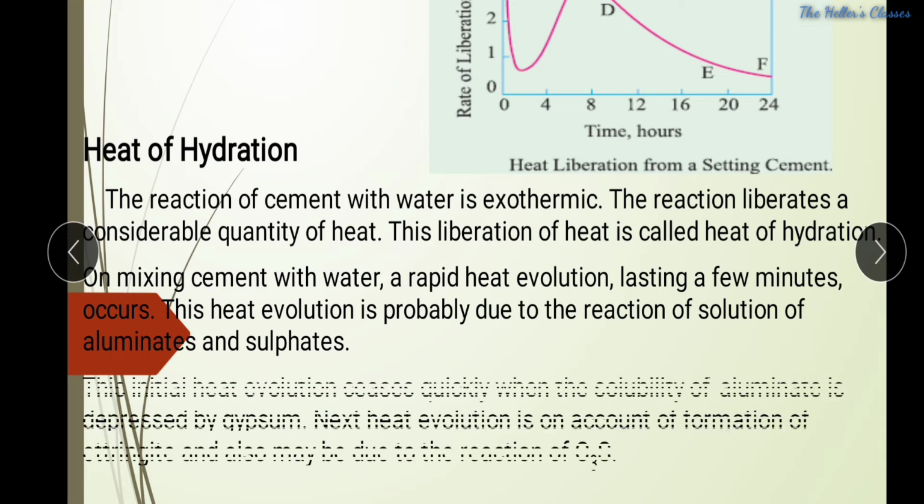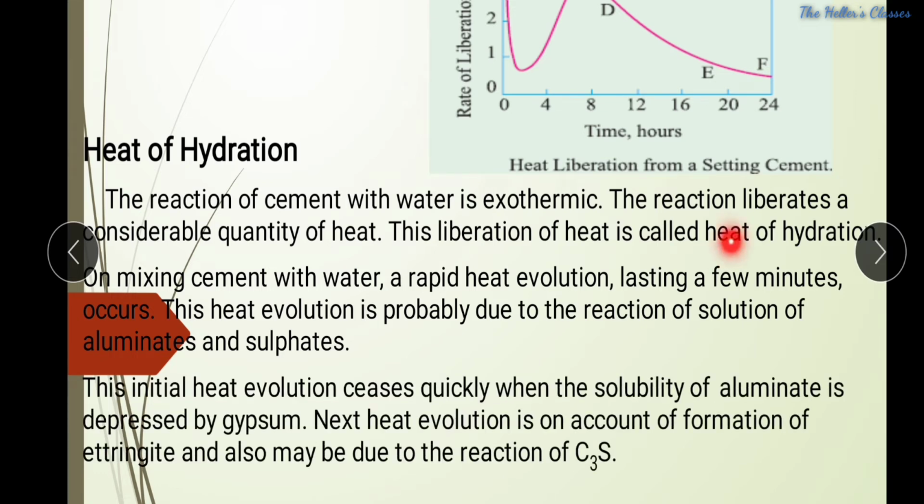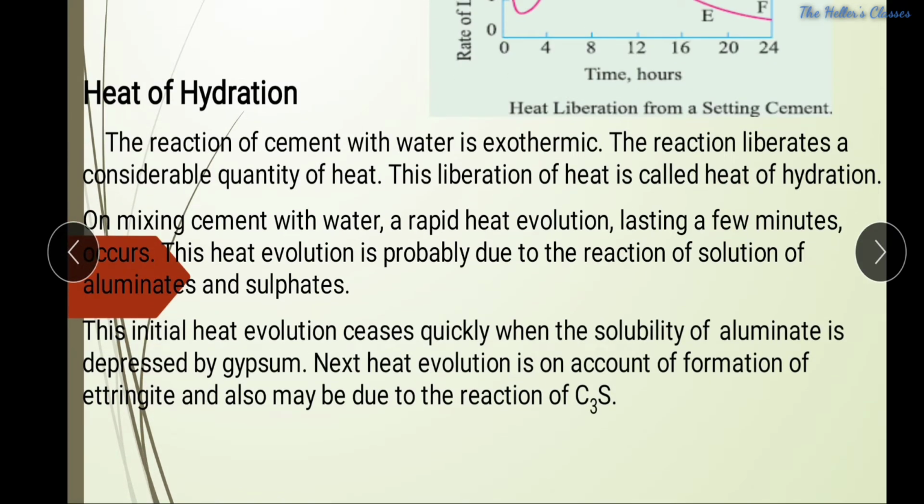To reduce the heat liberation, we can reduce the aluminates and sulfates in that particular cement. This initial heat evolution stops quickly when the solubility of the aluminate is depressed by gypsum.